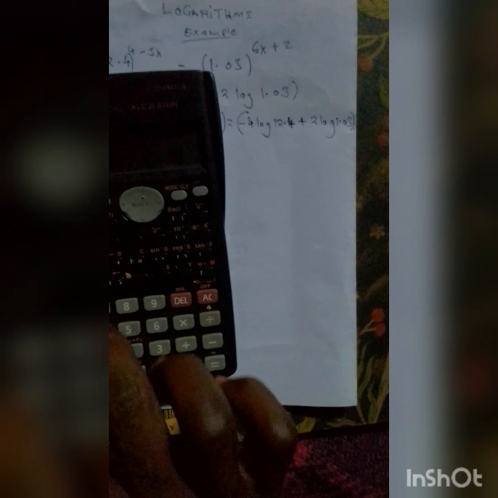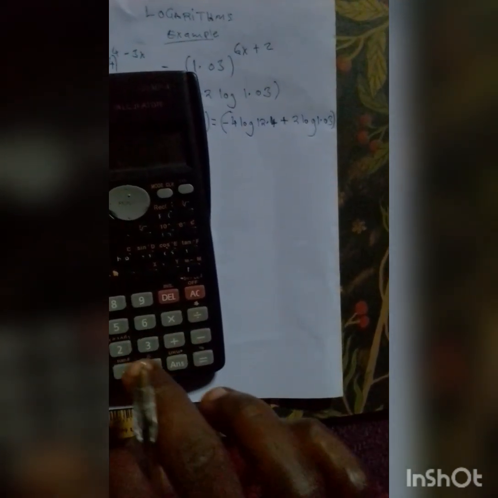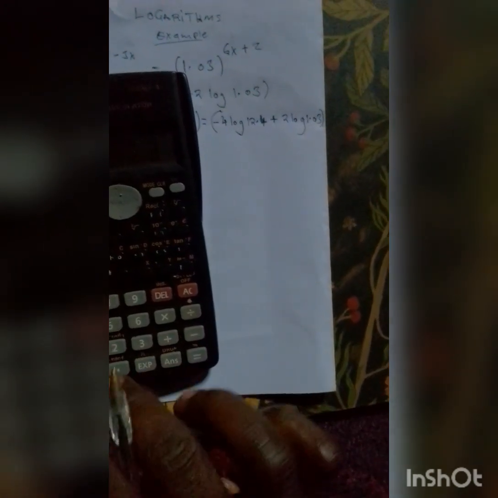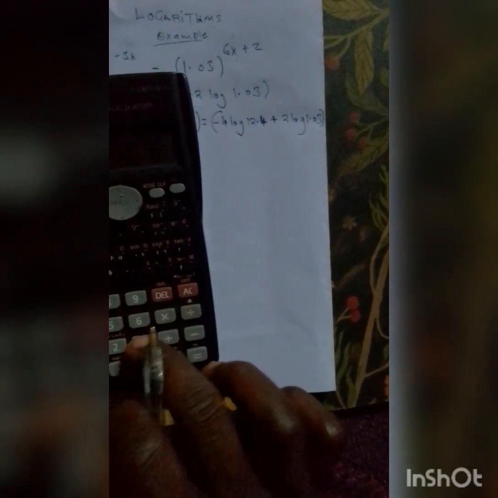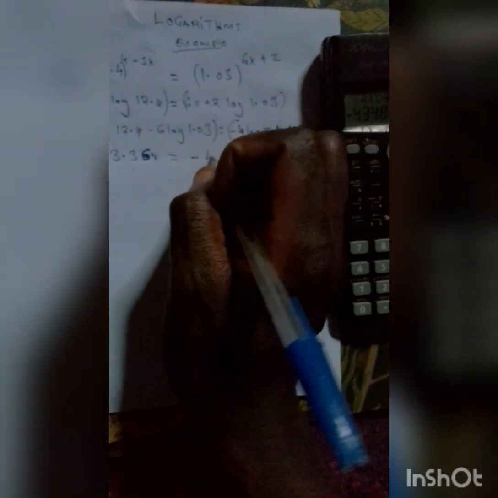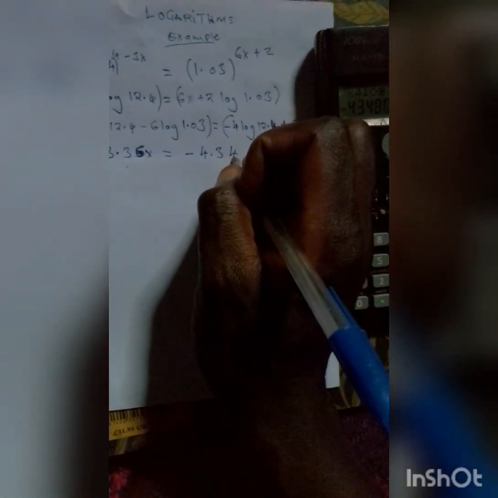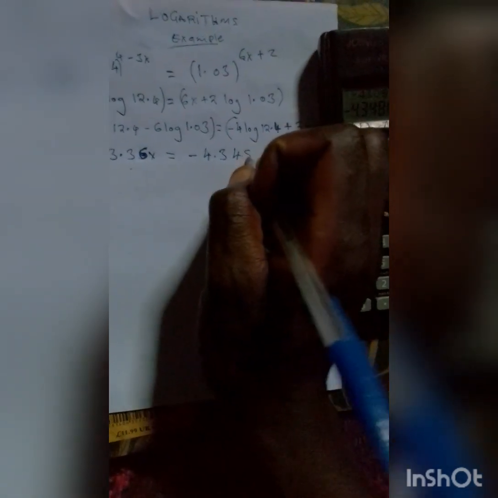Negative 4 log 12.4 plus 2 log 1.03. The answer it will give you is negative 4.3448.